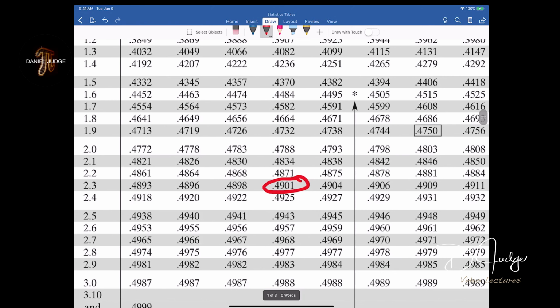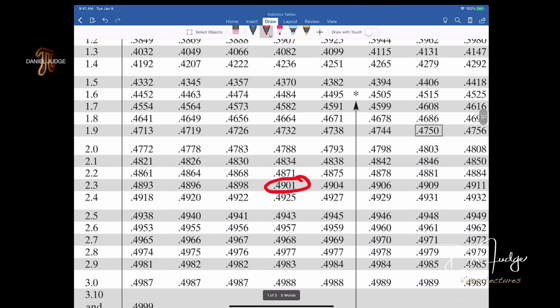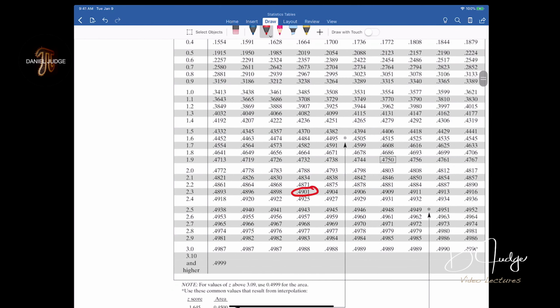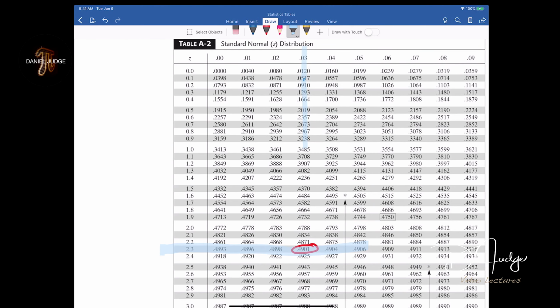So I can add the values and divide by 2. Would I get a little closer? Maybe slightly. I'm going with 49.01 though. That's okay. So 49.01 is in row 2.3, the 03 column.